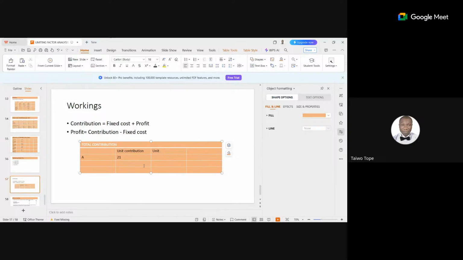Let me make it as units produced. Then the total contribution will now be what? For each of the products, total contribution. What's 20? So the unit produced for this point is what? 20,000. The total contribution will now be what? 420.